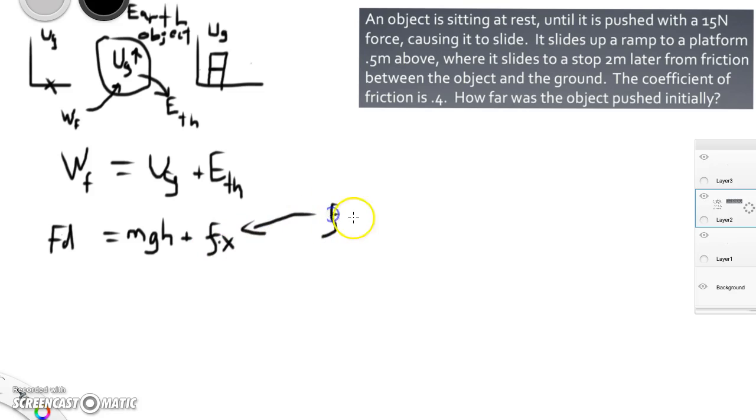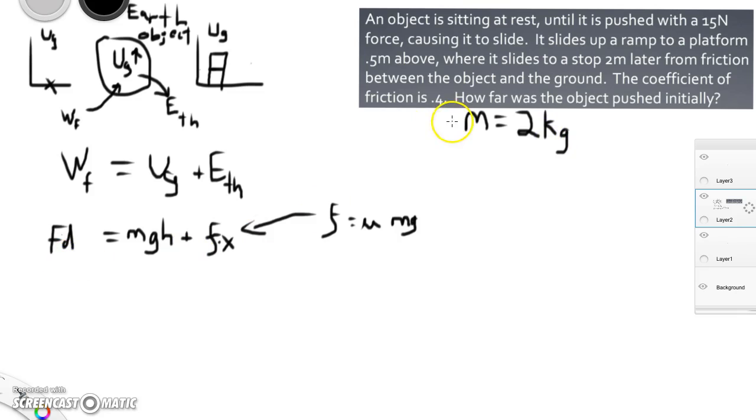So F is equal to mu times the normal force, which, since it's on a flat surface, is just going to be m times g. So we'll plug all this in, divide by F, and solve for d. Before we can actually solve this, I just realized I didn't provide the mass for this question. So let's say the object has a mass of 2 kilograms, and this will allow us to solve for all the missing information.